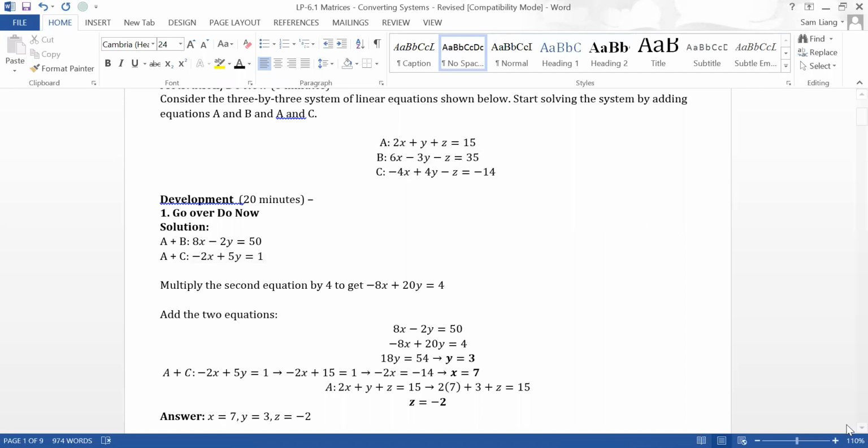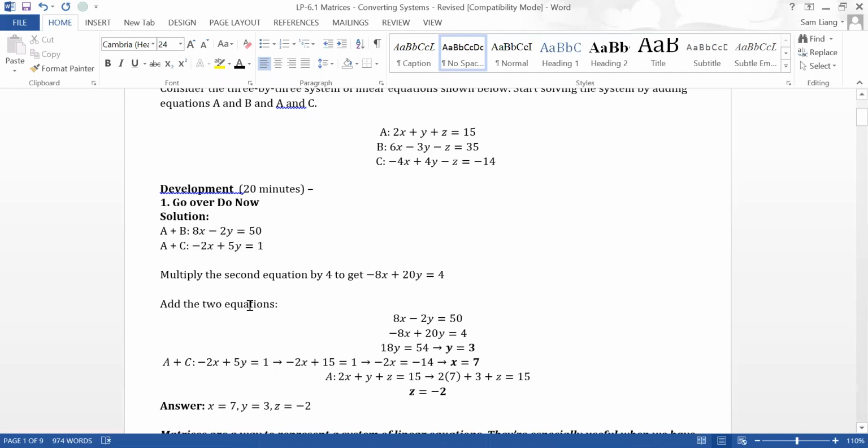So that's our first step in solving this system. Next, we're going to multiply this second equation, A plus C, by 4 to get negative 8x plus 20y equals 4. Now this one has negative 8x and this one has positive 8x. So if we add them together, we can eliminate the variable x and then solve for y.